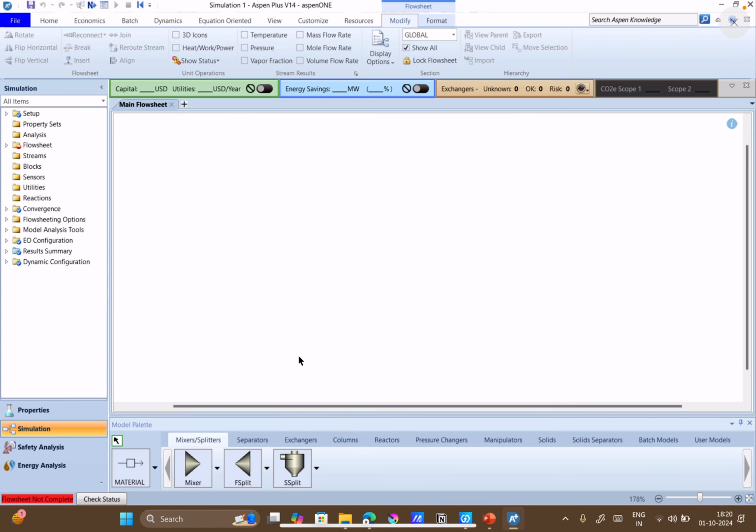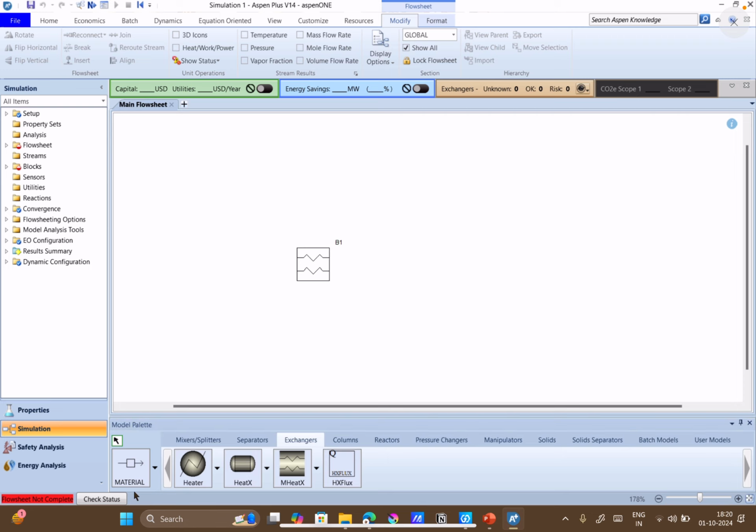Now let's go to the simulation environment. So first we have this MHeatX heat exchanger. We have our natural gas coming on the hot side, since it's a hot stream which will be cooled down.